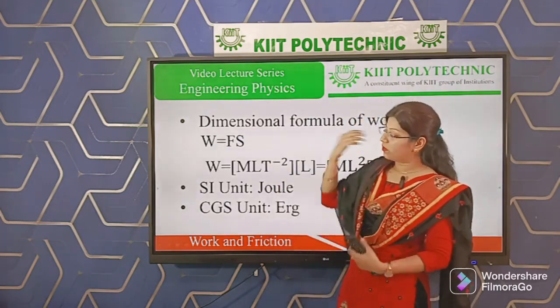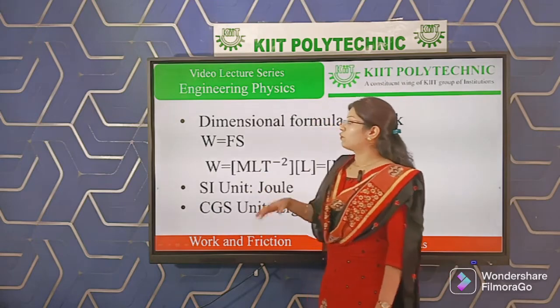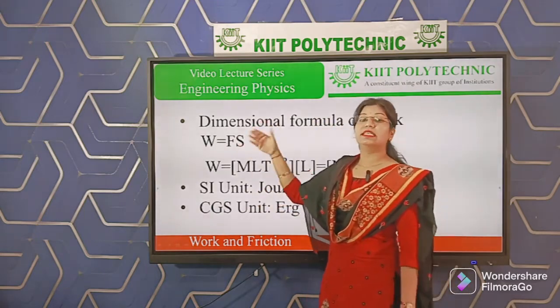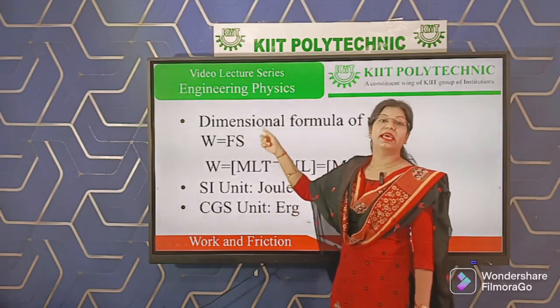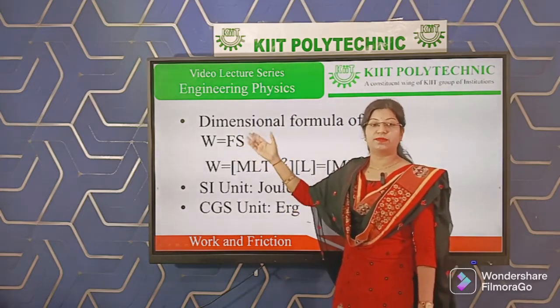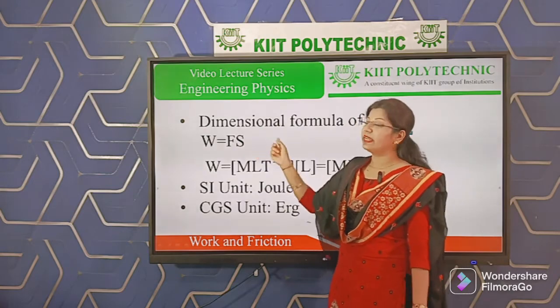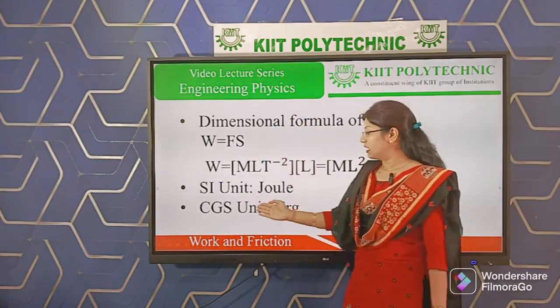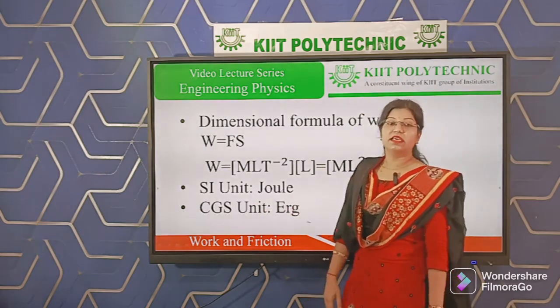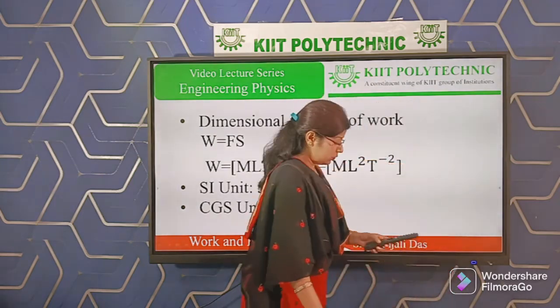Similarly, we discuss the CGS unit of work. First we put the CGS unit of force, which is the dyne. Then we put the CGS unit of displacement, which is the centimeter. So dyne into centimeter represents the erg. So the CGS unit of work is the erg.